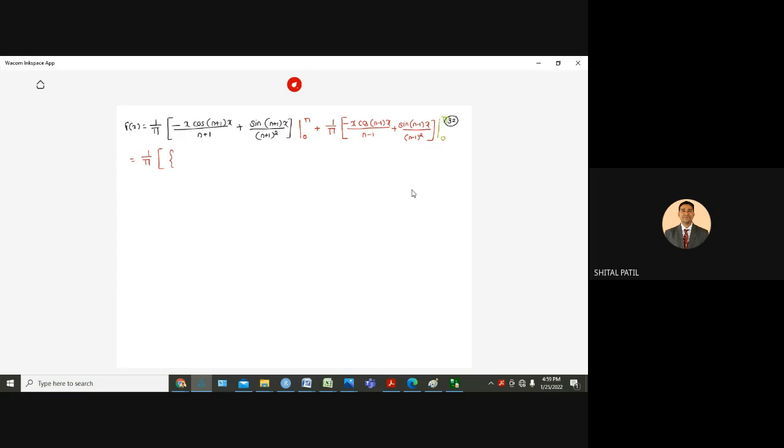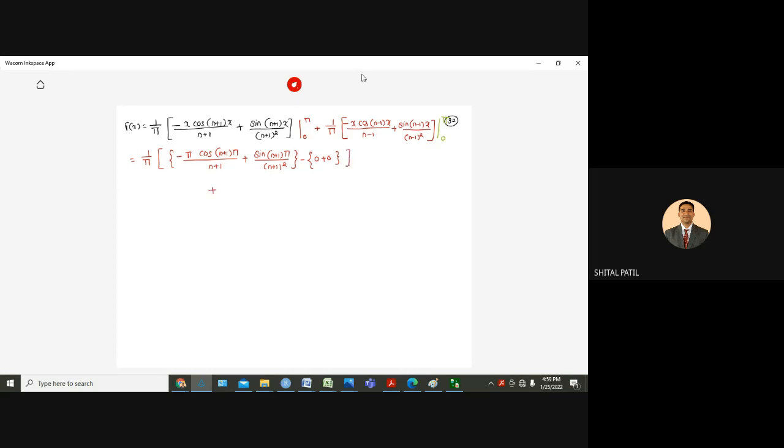Upper limit pi. x equal to 0, sine of 0, 0.